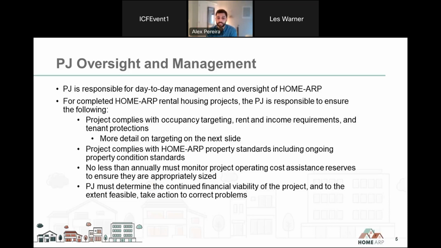And lastly, and this is common to other federal funding sources as well, the PJ must determine that the project that it funds is financially viable. Again, both at the beginning, once the project is funded, and then throughout the compliance period. And it is also the responsibility of the PJ to take action once it identifies problems during those checks.